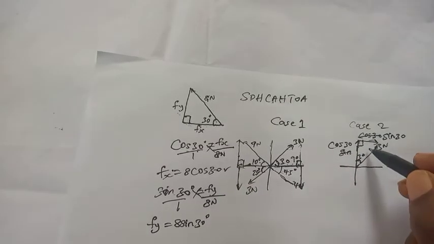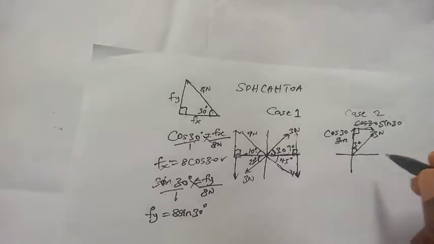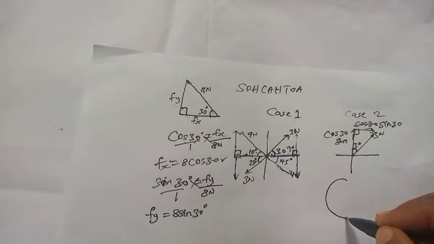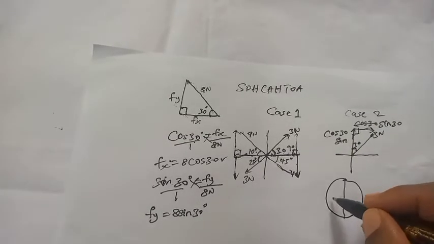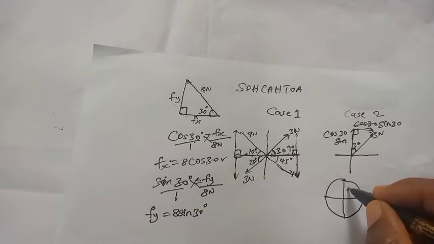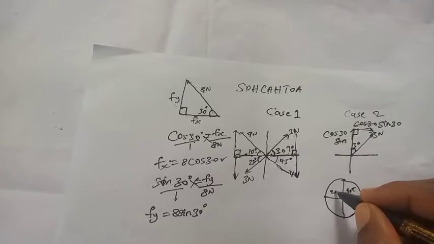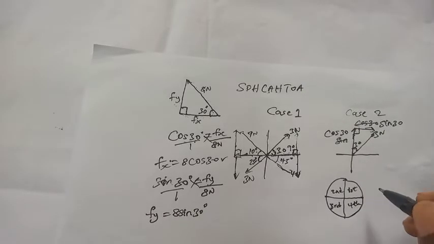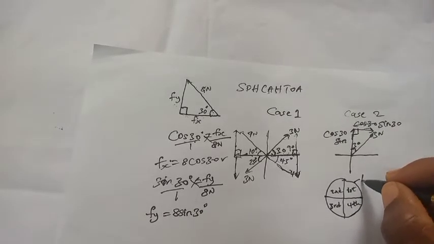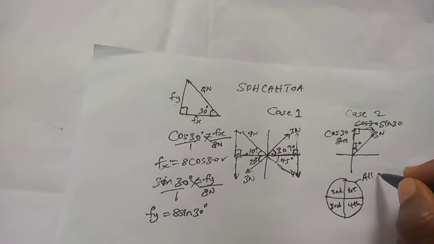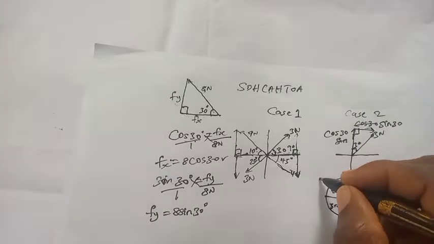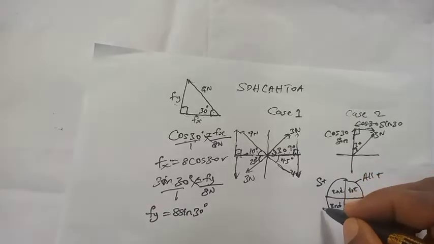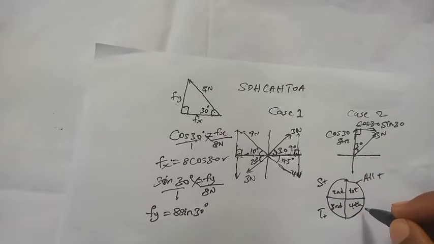Also, for case 1, remember we have something like this in mathematics. This is the first quadrant, this is the second quadrant, this is the third quadrant, and this is the fourth quadrant. In the first quadrant, all the trigonometric ratios are positive: S is positive, T is positive, and C is positive.